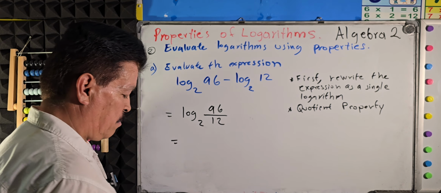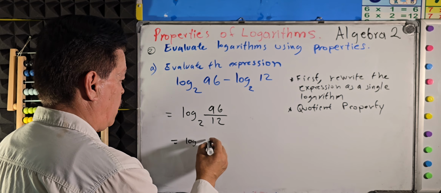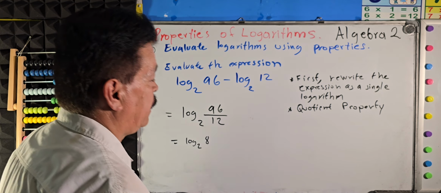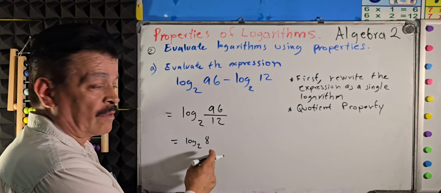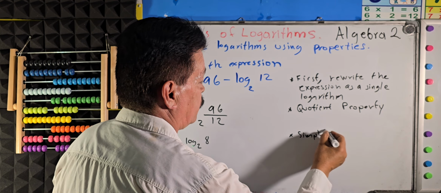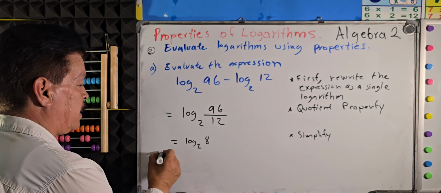Now simplify. We are going to have log with the base 2 of 96 divided by 12, which is 8. Okay, this step is simplify.